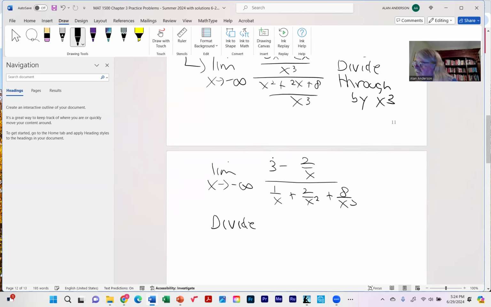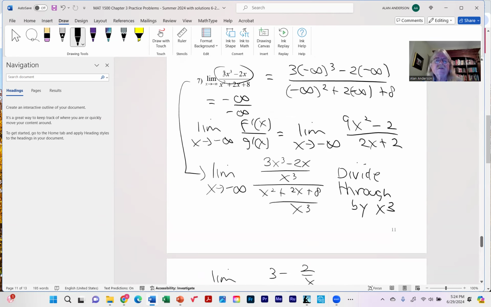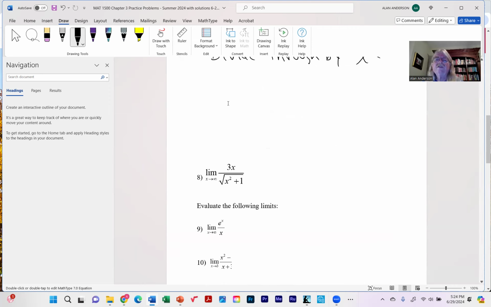Divide through by x squared. Now, there's no guarantee that that's going to work either, but certainly we know that x cubed didn't help. We also know that L'Hopital didn't help. And sometimes, I mean, I don't see any obvious way of rearranging that limit algebraically. Let's go.